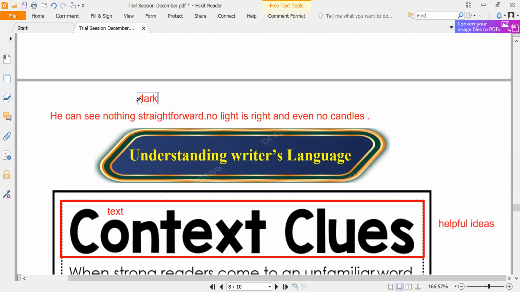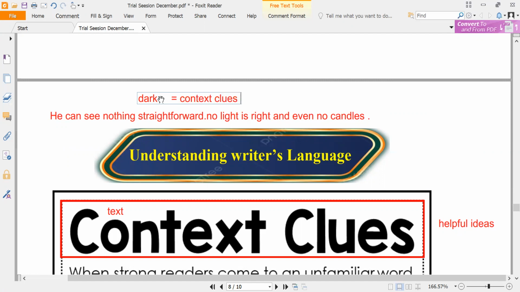Is darkness clearly explained in this text? No, right? Now, you mentioned that the atmosphere around is dark. How did you know? Based on what? The context clues.